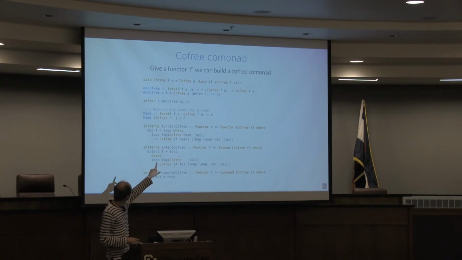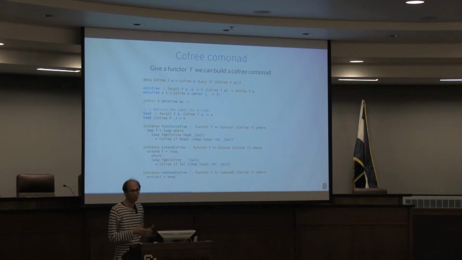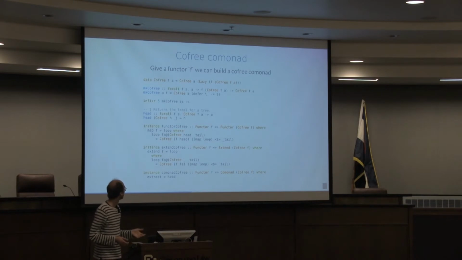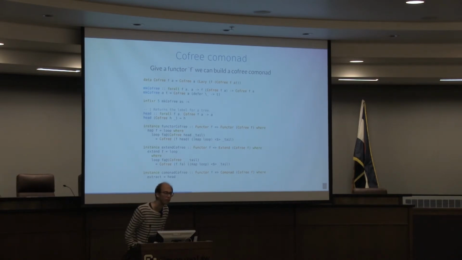So if you take f, the identity functor, you get a stream like the one we had. If you take Maybe, then you would get a stream that finishes at some point. And you can reconstruct a list, a linked list.